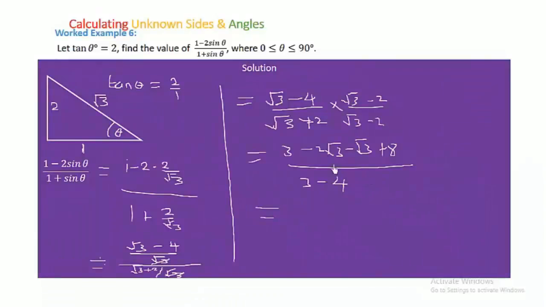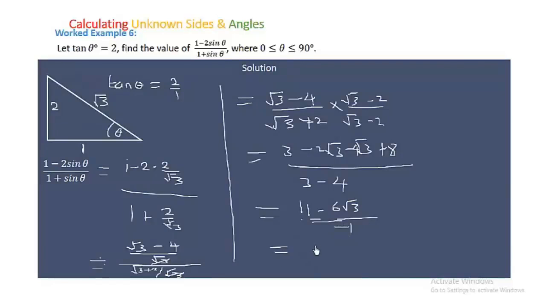So we simplify further to obtain 11 minus 4 root 3. So 11 minus 6 root 3, all over negative 1.